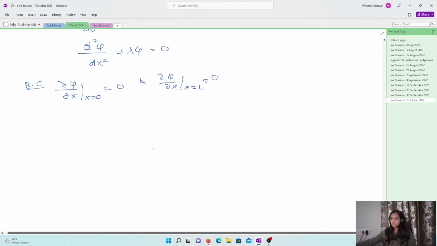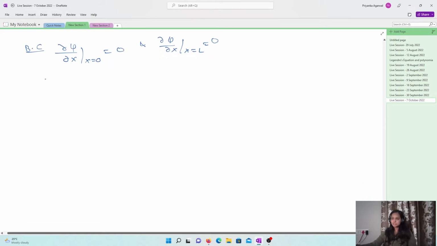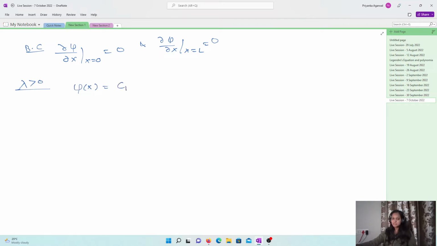So here also we can have three cases. So let's see for the case when lambda is greater than 0, then psi can be written as C1 cos root lambda x plus C2 sin root lambda x.